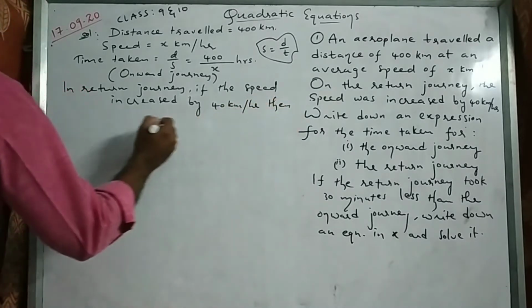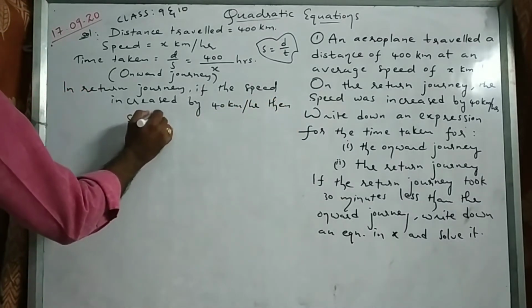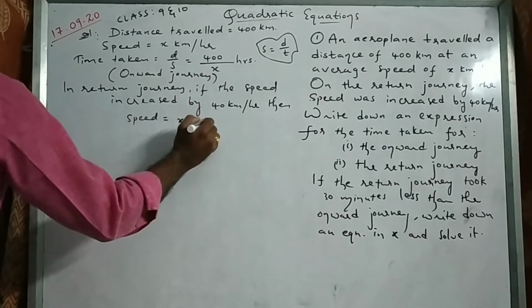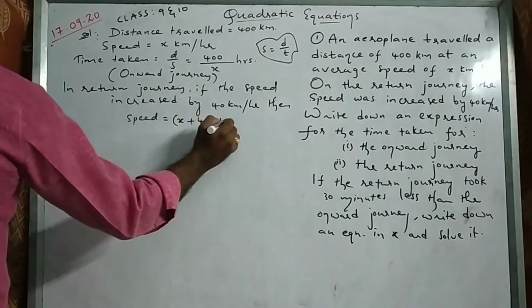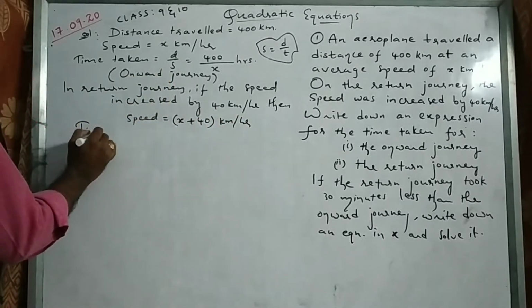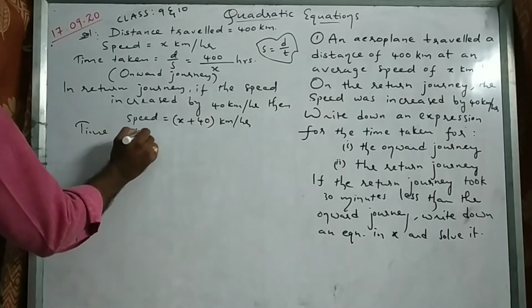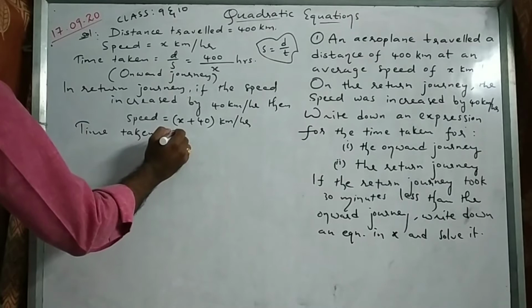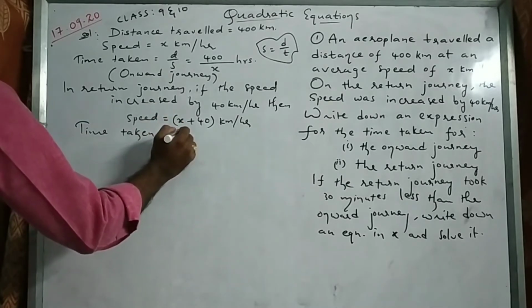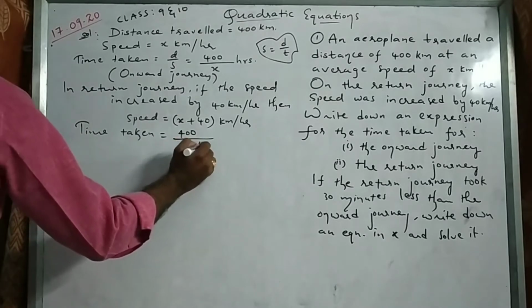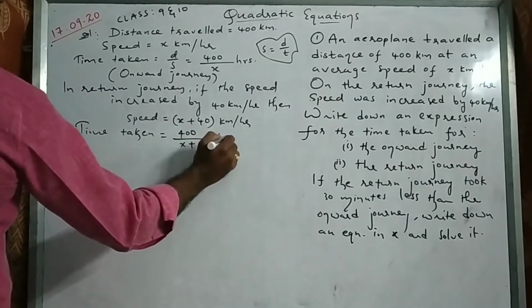Then speed equals, what is the speed actually? x. Increased means plus 40 kilometer per hour. Distance is the same, no change. Time taken is equal to distance by speed. What is the distance here? 400, no change, by x plus 40 hours.